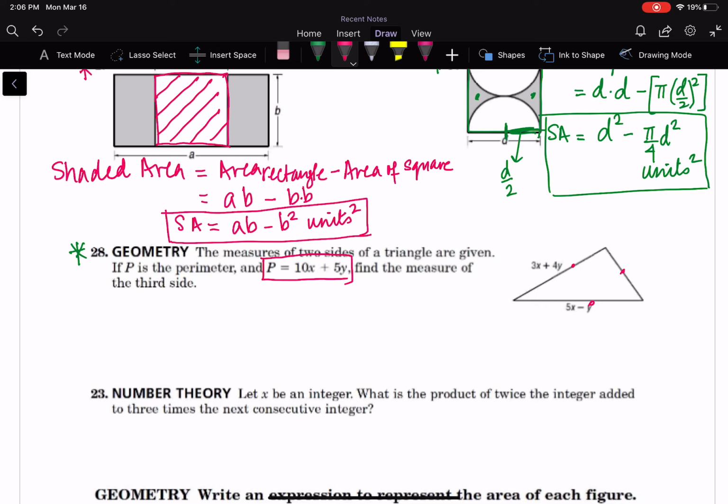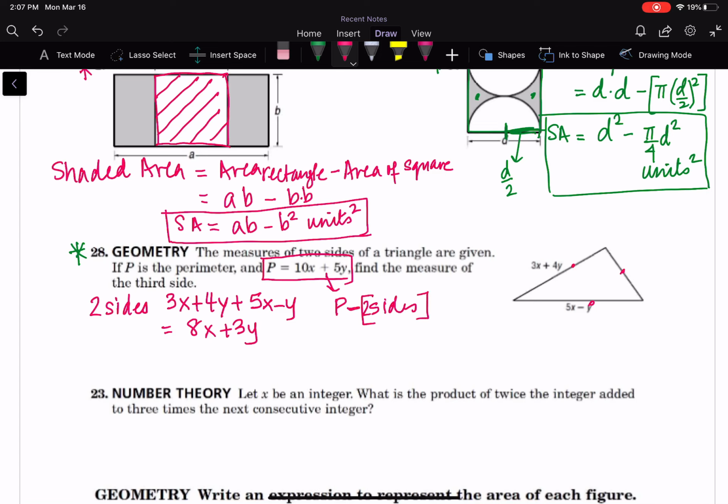So if I just add the two sides, I get 3x plus 4y plus 5x minus y, which equals 8x plus 3y. But the perimeter is 10x minus 5y. So if I do perimeter minus the two sides, I'll get the third side.